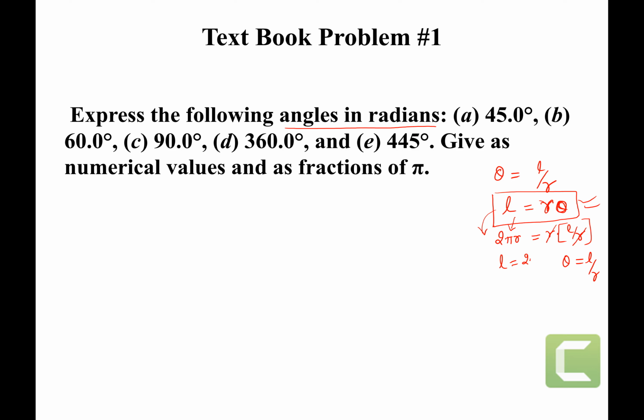L is equivalent to 2 pi R. So basically 360 degrees, the angle, is equivalent to 2 pi radians.